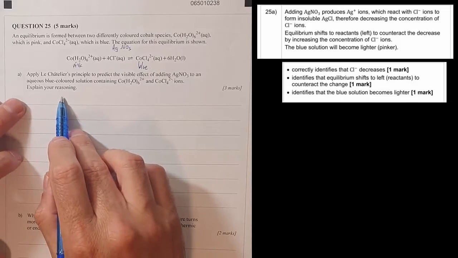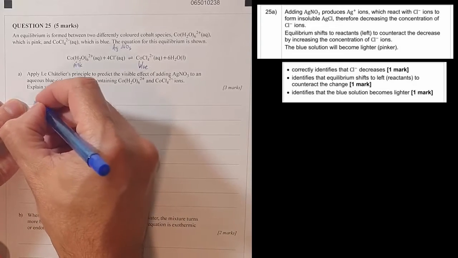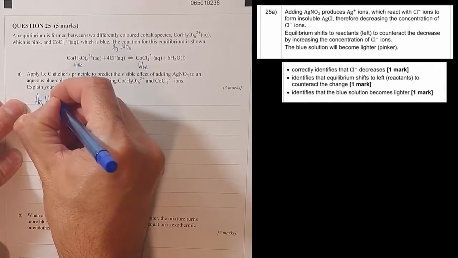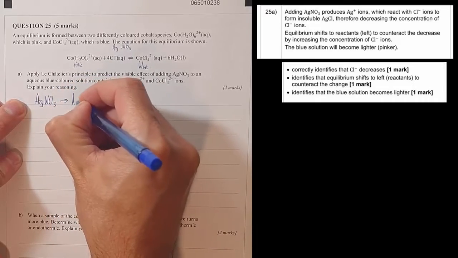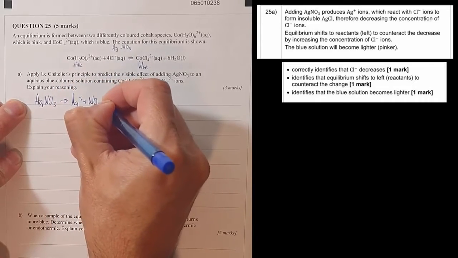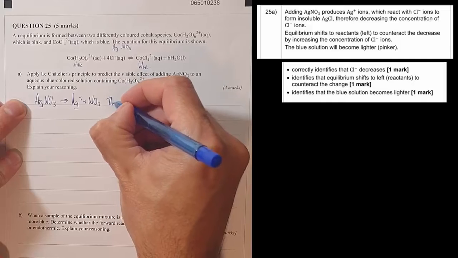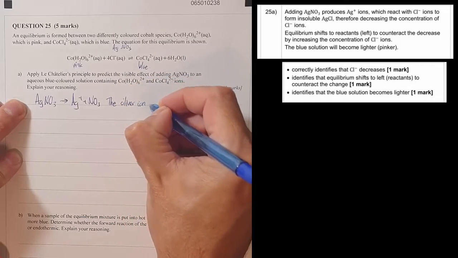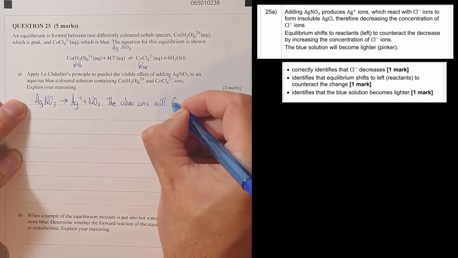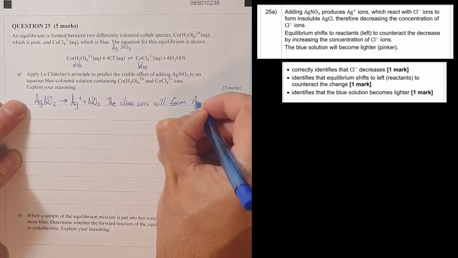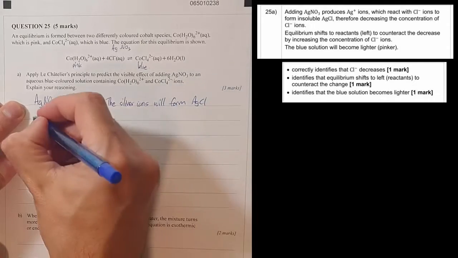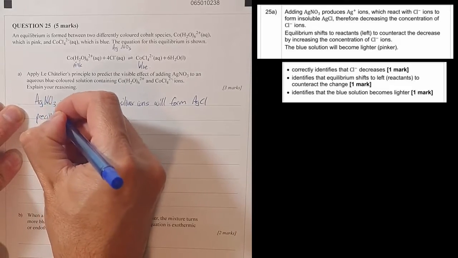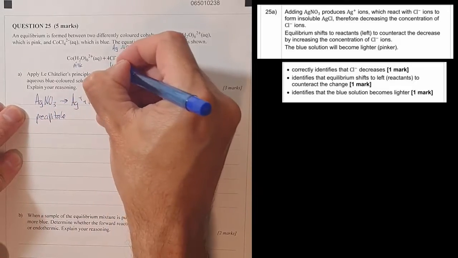To explain your reasoning. Okay, so AgNO3 will go to Ag plus and NO3 minus. The silver ions will form AgCl precipitate. So that's going to decrease, all right?